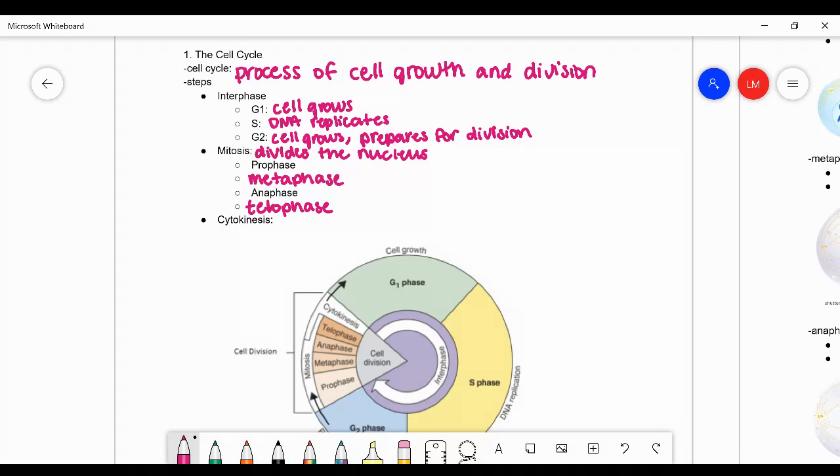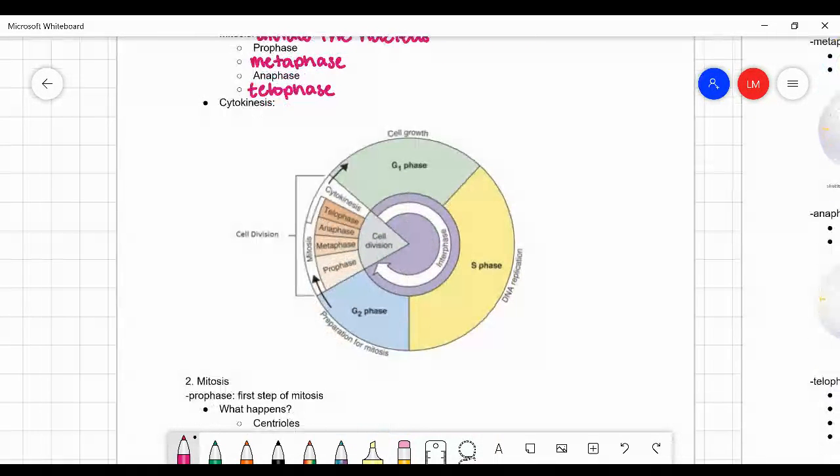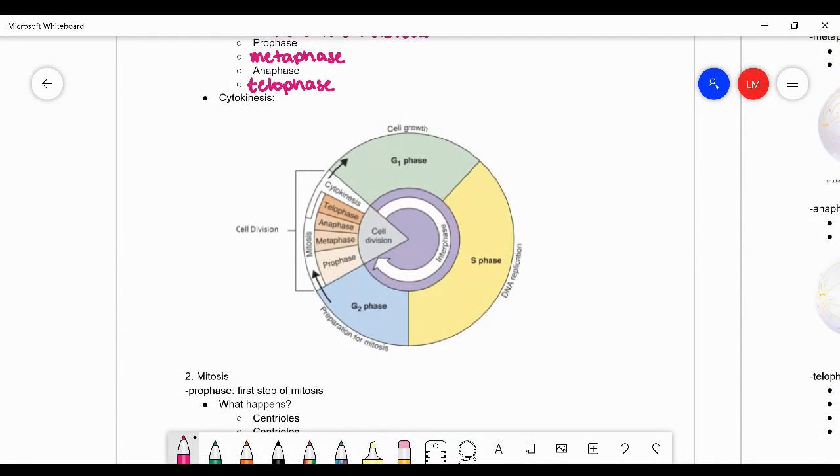Finally, we have cytokinesis. You can see the diagram of the cell cycle here. We have growth, replication, growth and preparing for mitosis, dividing the nucleus, and then cytokinesis, where we divide the cytoplasm.